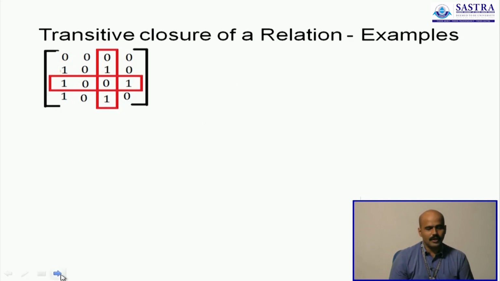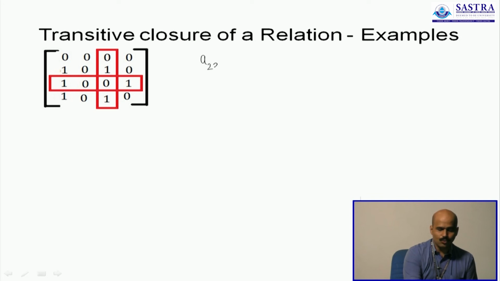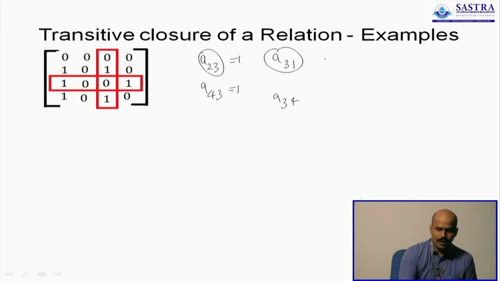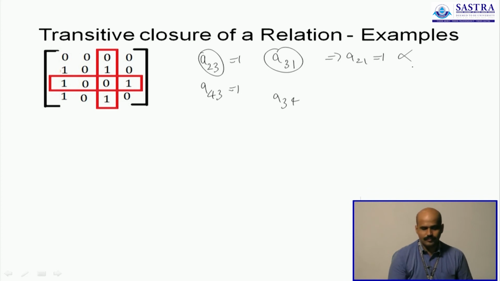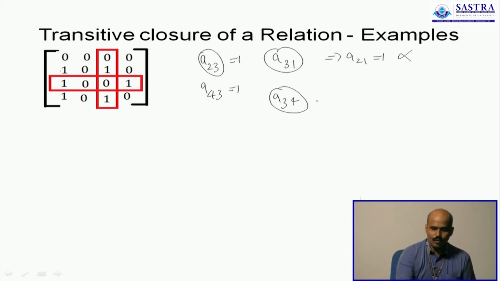If you go to the third iteration, you will see that there are 4 1s to be compared. A23 is 1, A43 is 1, they can be compared with A31 and A34. Combining 2 3 and 3 1, you get A21 is 1, that's already a 1, so that's no change. A23 and 3 4, you will get that A24 is a 1, so that is a change that you will make.